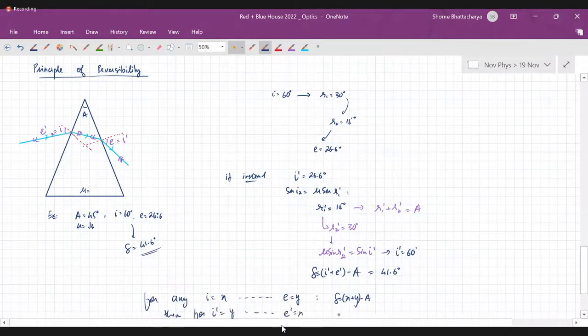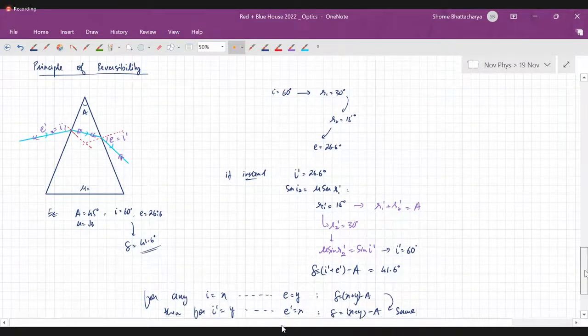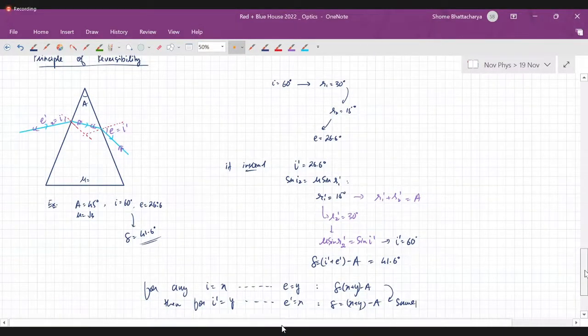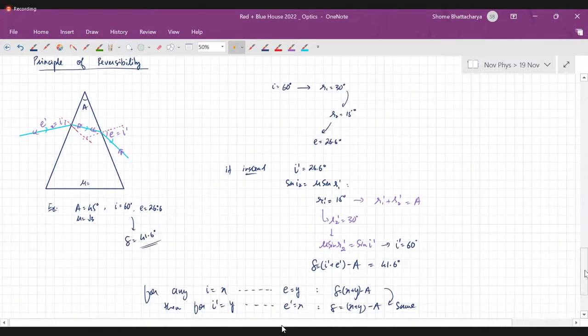So it will give us the same deviation. That means any particular value of angle of deviation will correspond to a set of two possible values of angle of incidence. In this case, the deviation of 41.6 degrees can happen from incidence at two different angles, either incidence at 60 degrees or angle of incidence being 26.6 degrees.